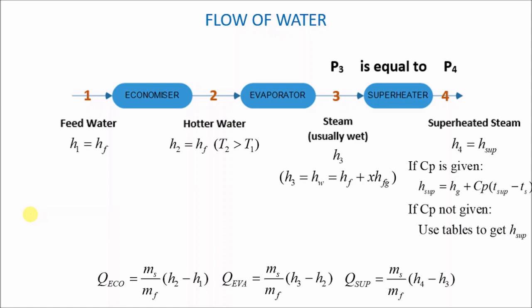But for you to be able to solve questions on steam plants, you need to understand how the water is flowing and also how the flue gas is flowing. So the water flows from the economizer into the evaporator and into the superheater. Okay, that is the direction of the flow of water. So you need to understand that very well and remember that always.